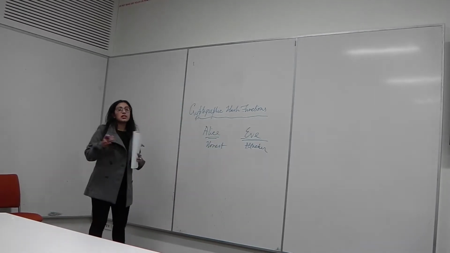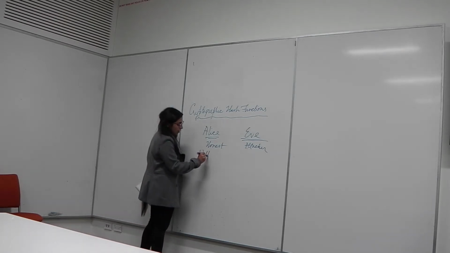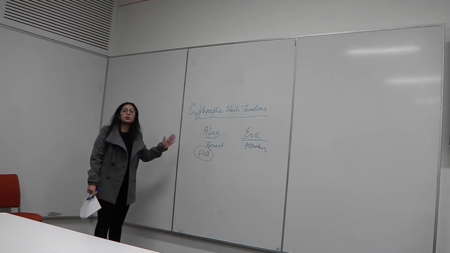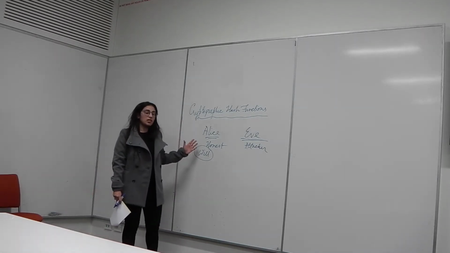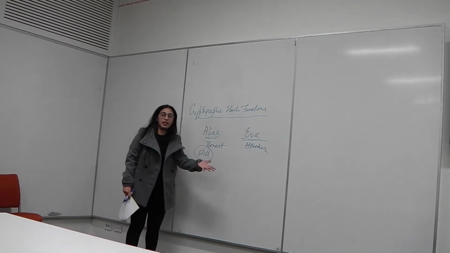So let's start with an example scenario where Alice has a will, and she wants it to be protected so that after her death, this will is properly given to her heirs.